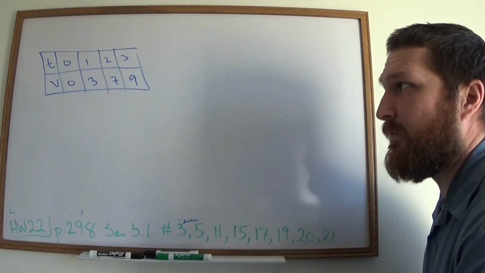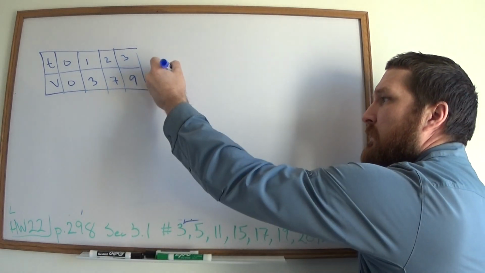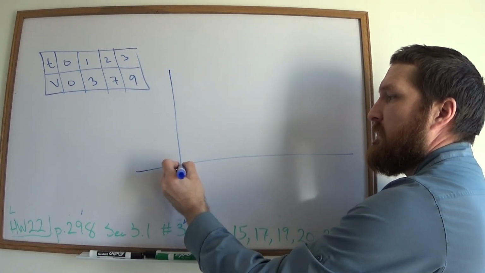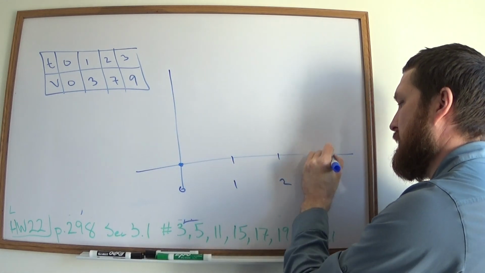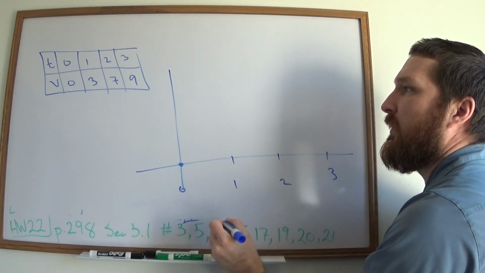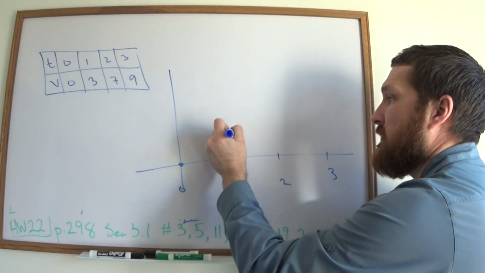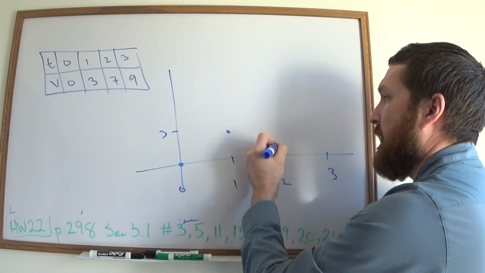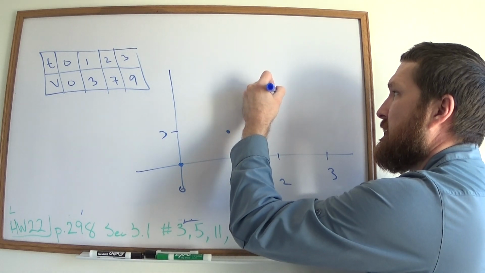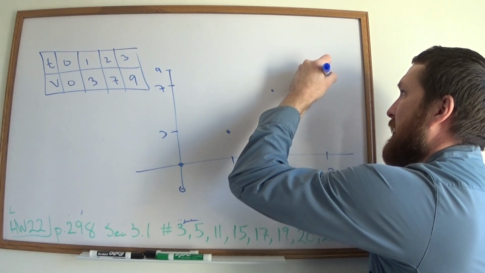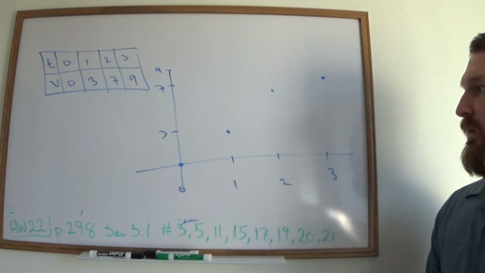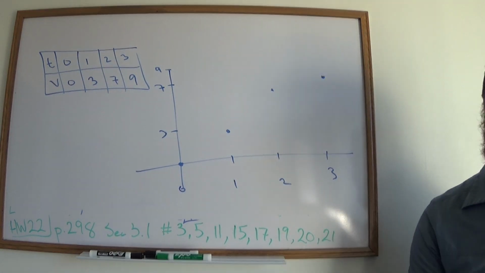It will behoove you to just graph this. Because, okay, here's my 0, 1, 2, 3. It'd probably be a good idea to just graph it and say, okay, here's my 3, my 2 is up here at 7, and my 3 is at 9. And that's all the data you have.